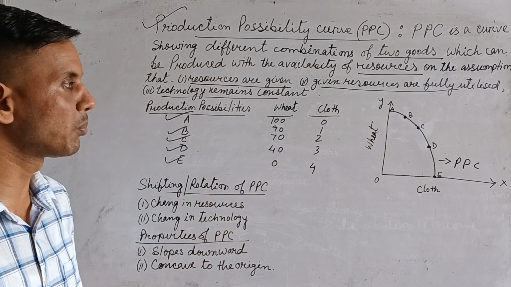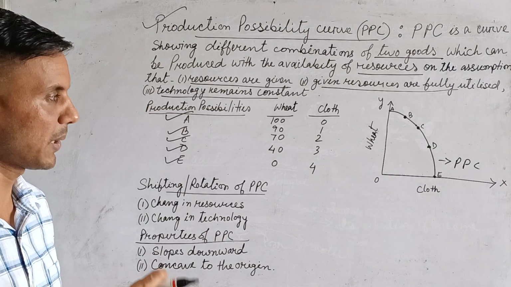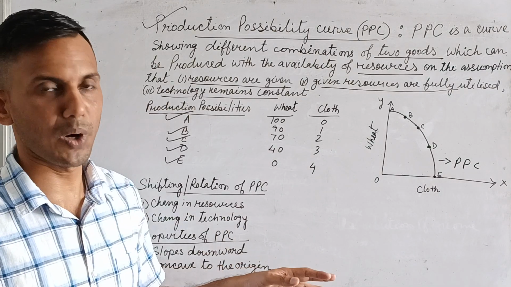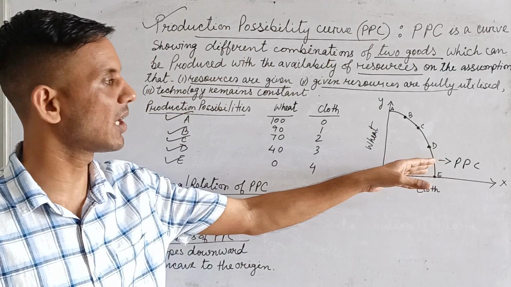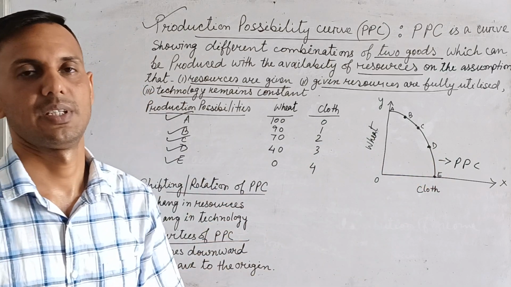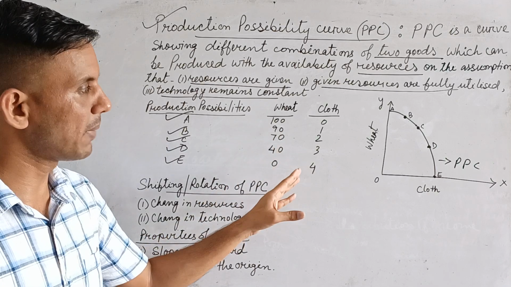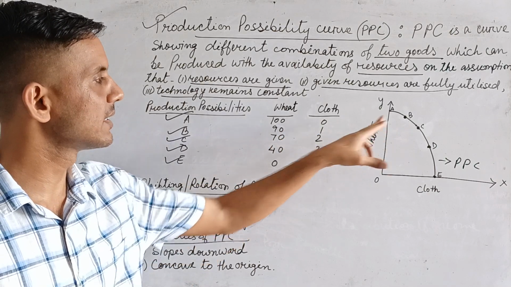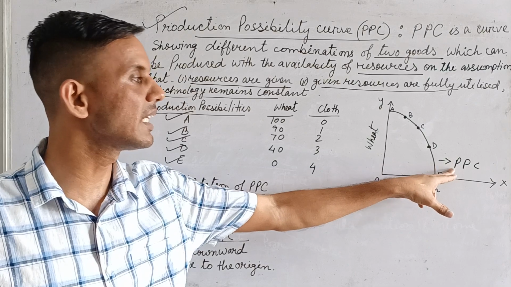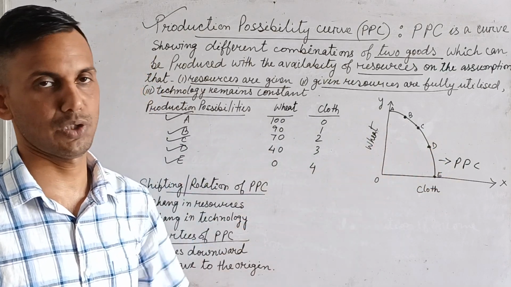When you put these values on the graph paper and join the points, you will get the curve, and this curve is the PPC. You can practice this and see whether your curve looks like this or not.